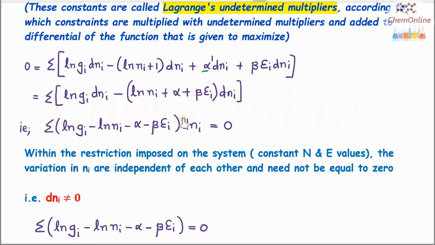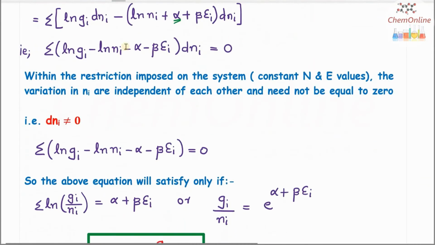So 1 plus alpha dash is written as alpha here. So log ni plus alpha plus beta epsilon I into dni. That is summation log gi minus log ni minus alpha minus beta epsilon I into dni equals 0. Now we have two terms.